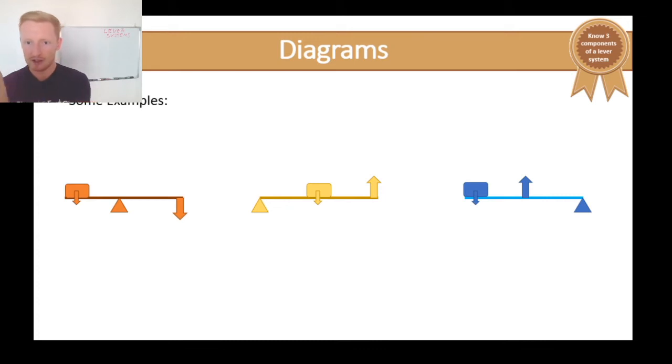And then in that blue example, where we've got that square at one end, we've got the point of rotation at the other, and we've got this catapult action. 3 different types of lever, 3 different ways that structures can move around each other. We can apply a force to a structure to generate an outcome.